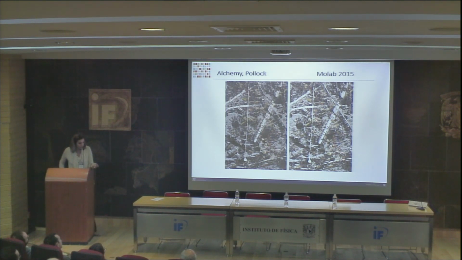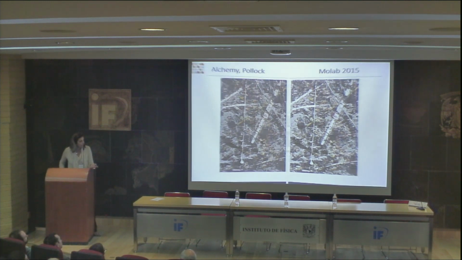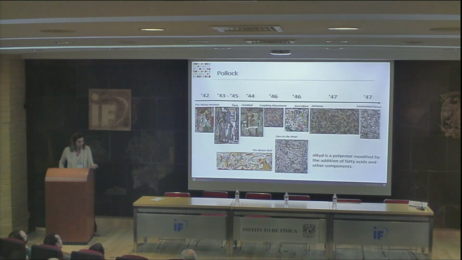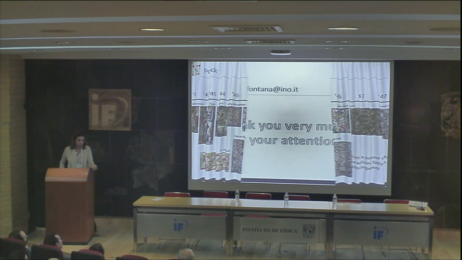We also made measurements before and after the cleaning procedure, and as you can see, there is a pretty huge difference between before and after cleaning. Our scanner is a non-contact device that can be applied also to very delicate paintings such as the ones from Pollock. We went also to Venice to measure all those paintings, and I think I have finished.